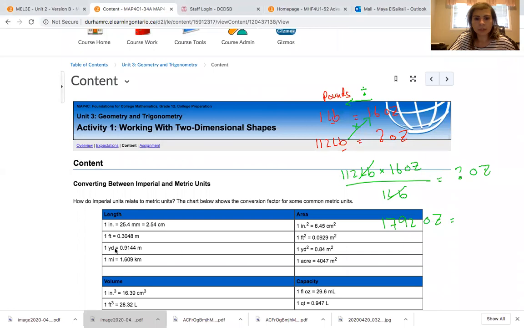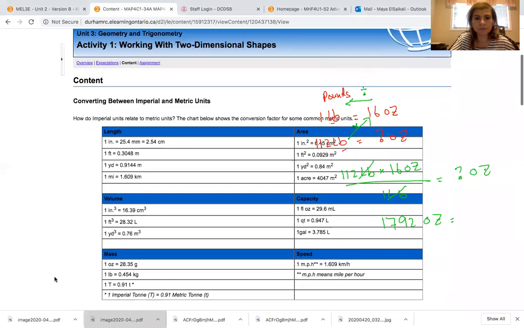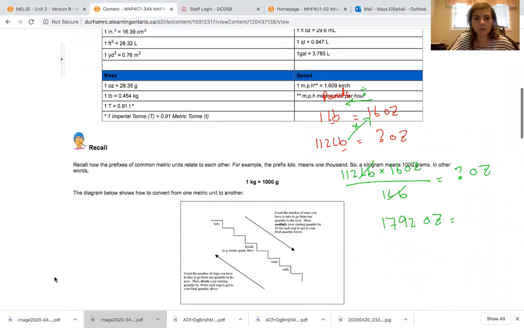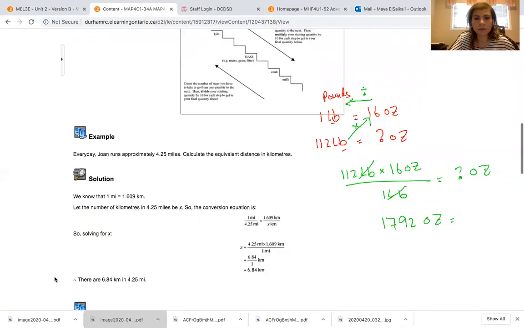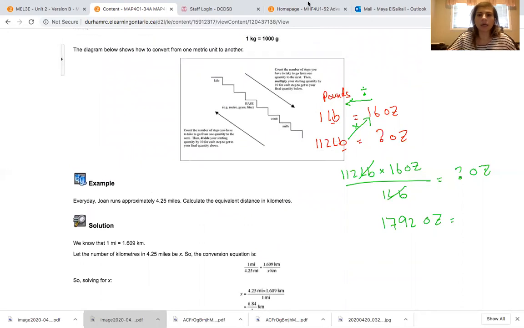That's converting between imperial and metric units. Same idea though, right? So let me just clear this.